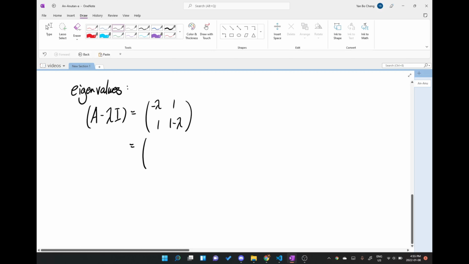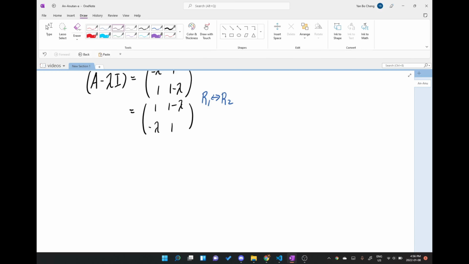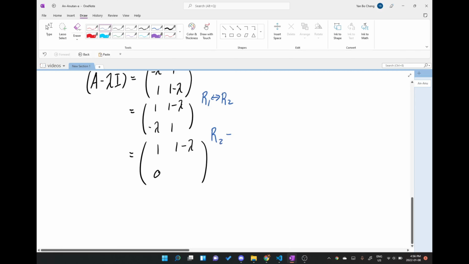So we can switch row 1 with row 2. Row 1 goes with row 2, giving 1, 1 minus lambda. And for the second row, we can cancel out the minus lambda at the bottom: row 2 goes to row 2 plus lambda row 1.